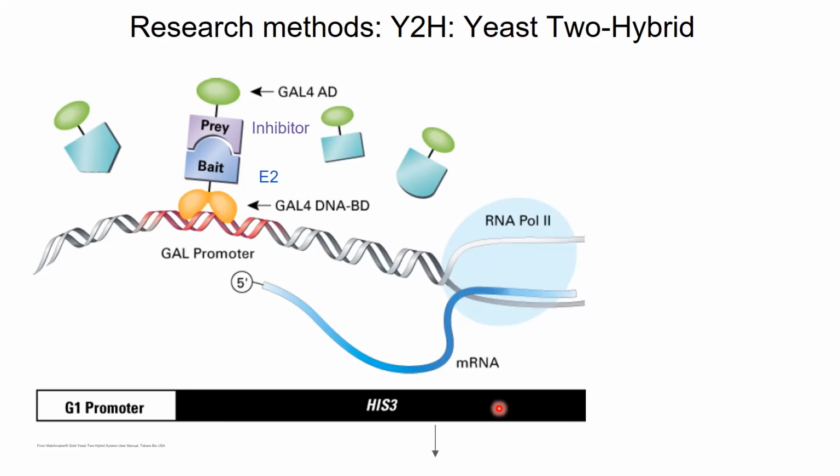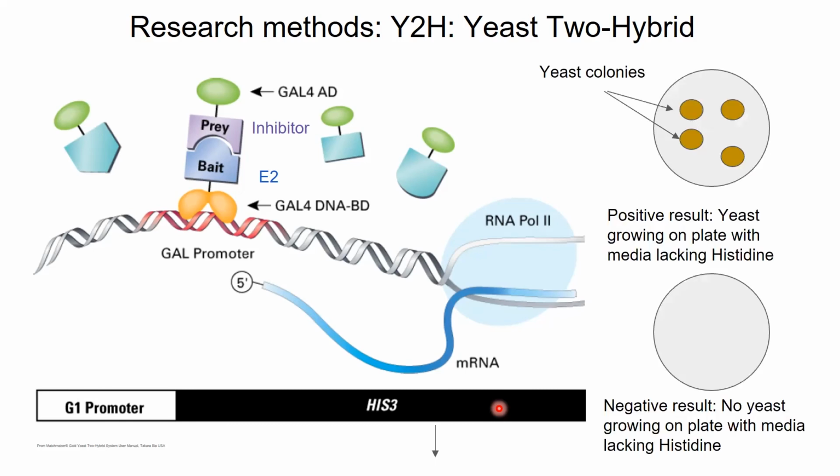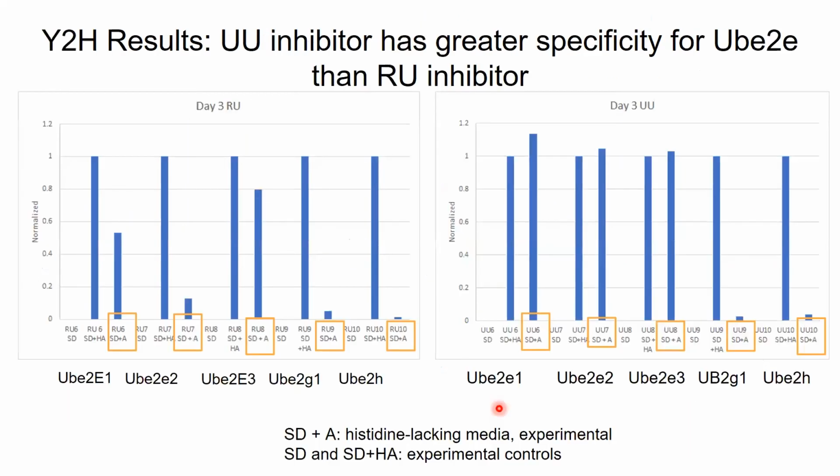Therefore, we use the amount of yeast growth in a media that lacks this one nutrient to assess how well our two proteins interact with each other. So essentially, if we see yeast growth in this histidine lacking media, this is a positive result, and it means that our two proteins successfully interact with each other. If we see no yeast growth in the histidine deficient media, this is a negative result, and it means that our two proteins do not interact with each other.